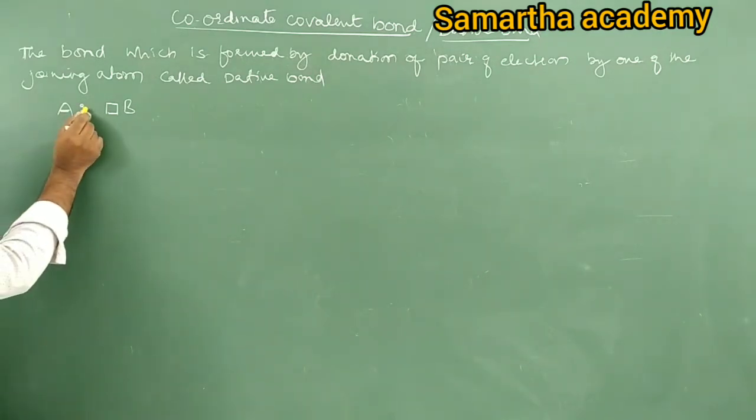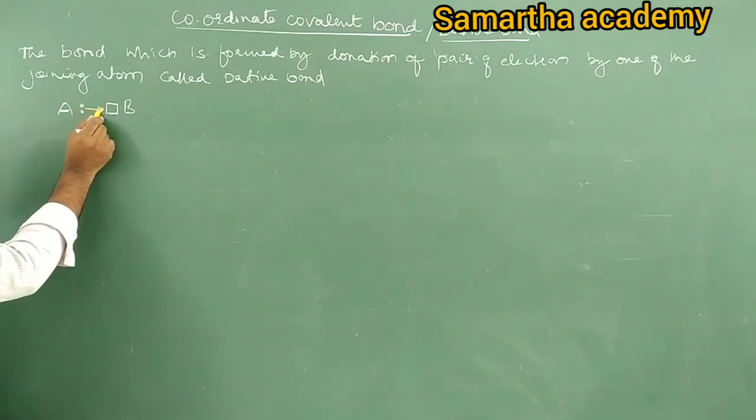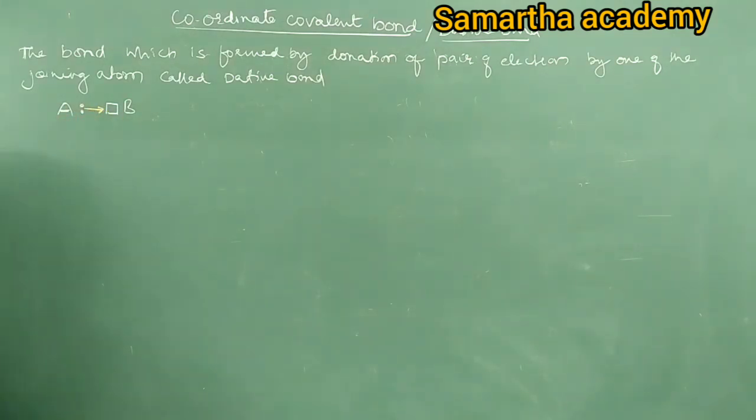Obviously atom A donates the pair of electrons to atom B. Atom B accepts the pair of electrons from atom A. By donating and accepting, a bond is formed, that is a coordinate covalent bond. So in the formation of coordinate covalent bond there should be a donor and there should be an acceptor. Therefore a dative bond is formed between donor and acceptor.